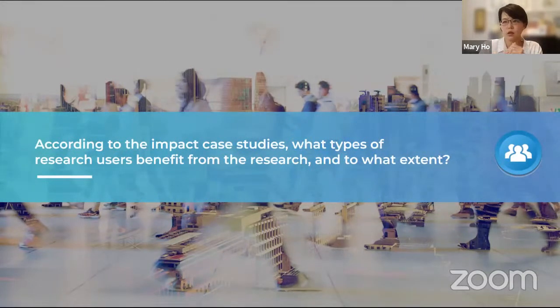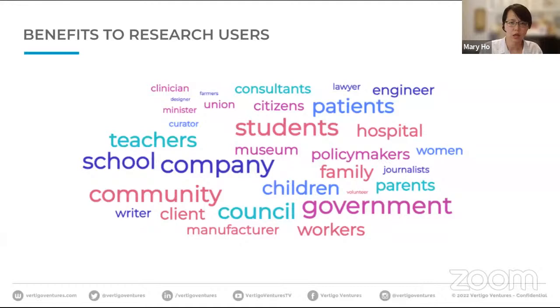So we did data mining with data mining software, looking into stakeholder keywords, and we then grouped them into 34 identified stakeholder groups. And this is just a word cloud of the most common stakeholders that were mentioned across all of the 264 impact case studies we analyzed.